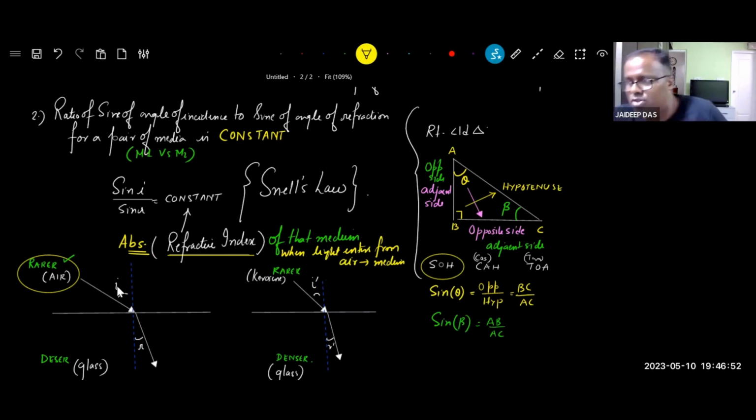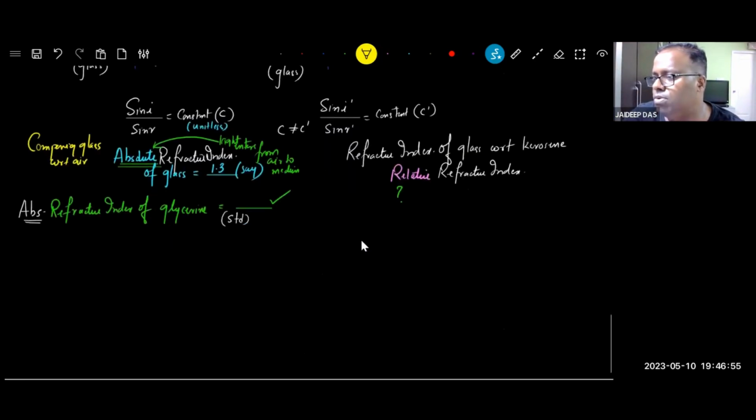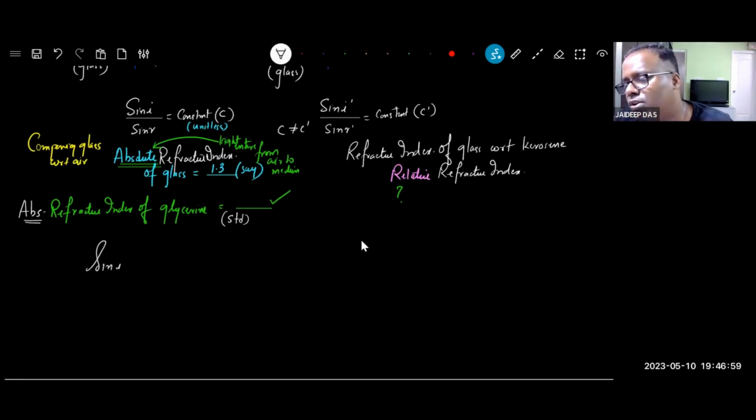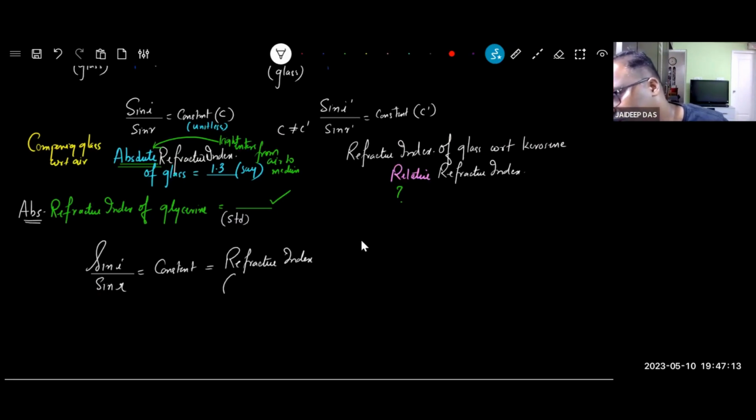Did you understand? So let me write it in one line again so that you understand. Sine of i by sine of r will always be a constant, and you call this constant the refractive index. Whenever this is said, in your mind you start thinking that they are actually referring to the absolute refractive index of that medium.